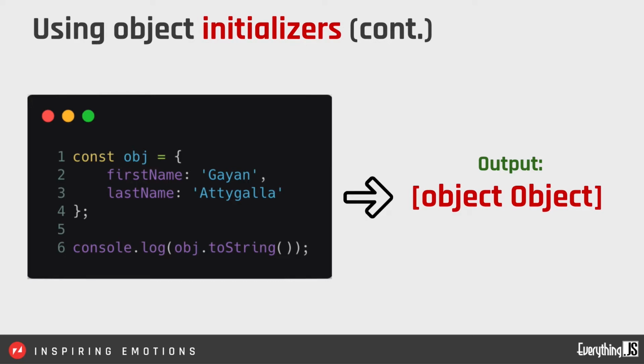So it gives [object Object] because we have several kinds of object types, right? So if you try to convert a function into a string, it will give [object Function]. Likewise [object Array]. Because of that, it gives [object Object].